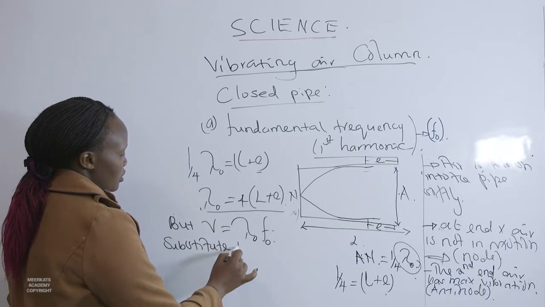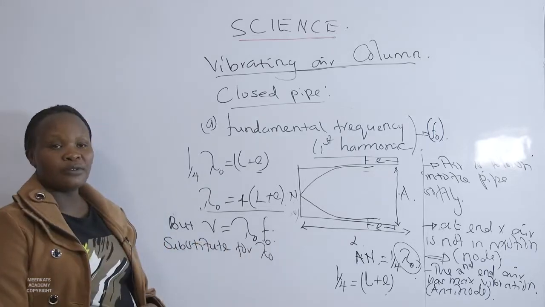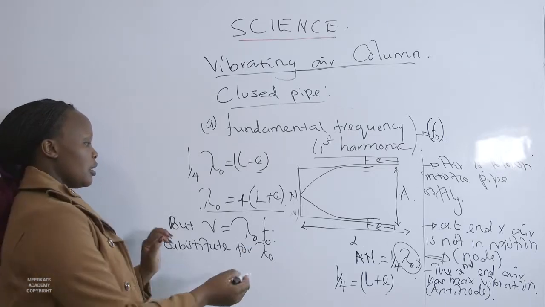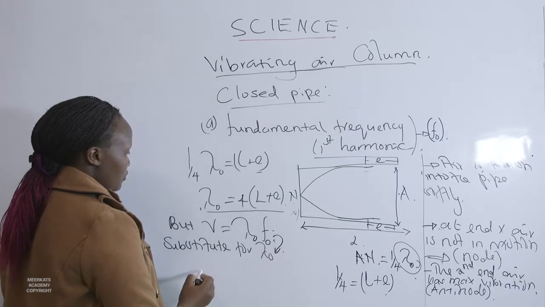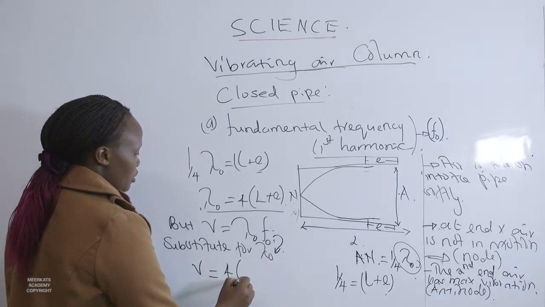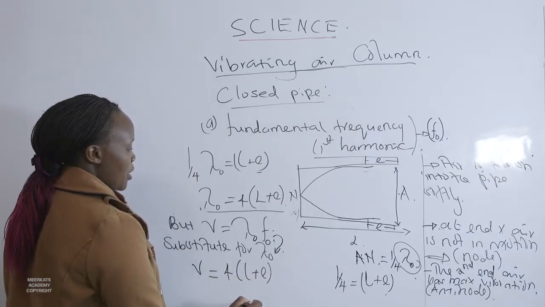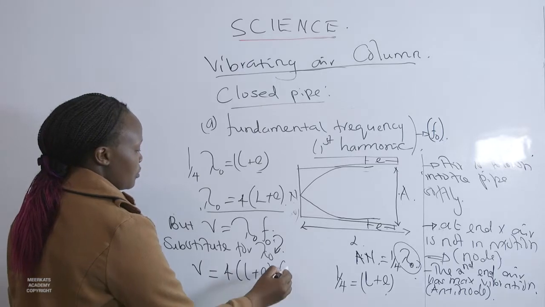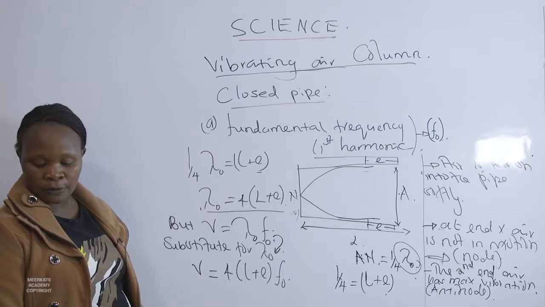We can substitute for the fundamental wavelength in the expression, so that now we have V being equal to 4 into L plus E. Then we have the fundamental frequency.